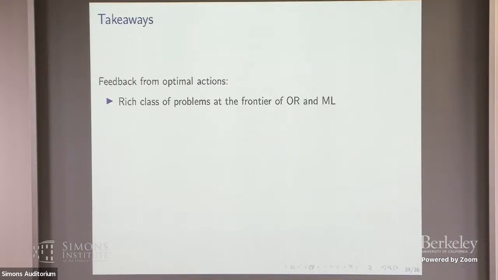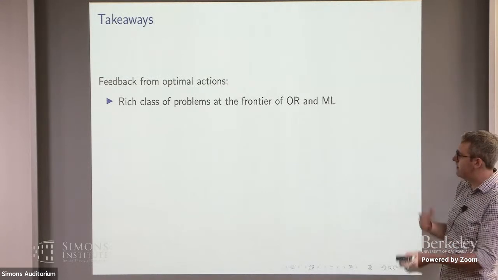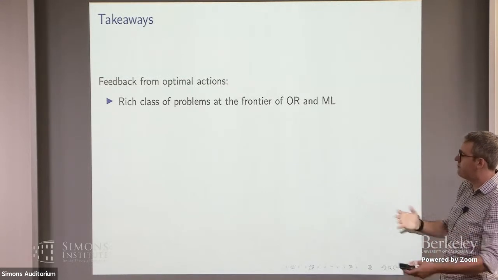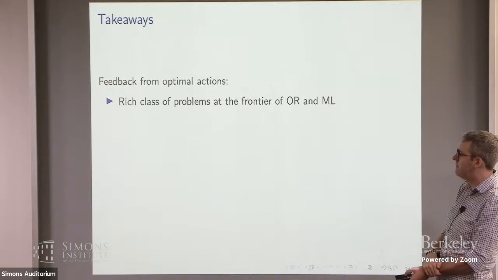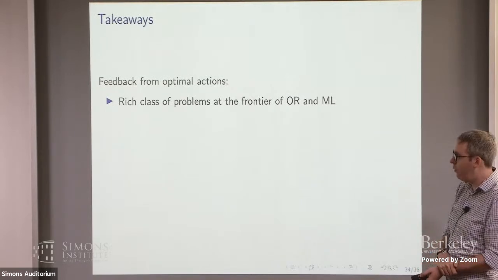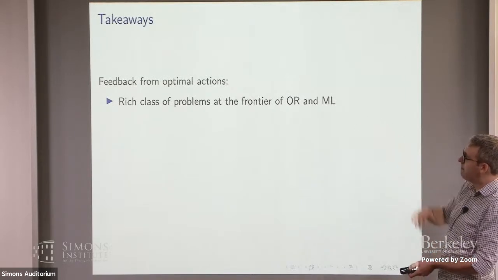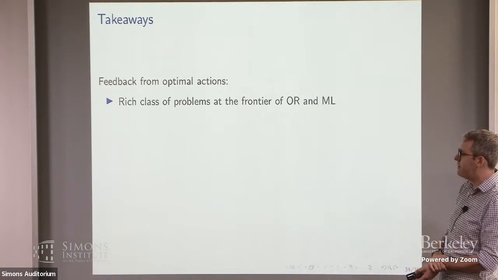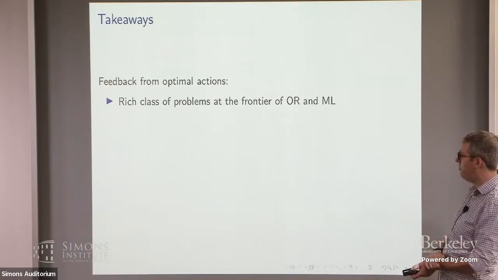So what are some takeaways from this problem? In classical bandits, you always assume you observe rewards, but there are problems in practice that are very interesting, like learning from revealed preferences, where you don't observe rewards. The particular case that we're exploring in this paper is learning from optimal actions.